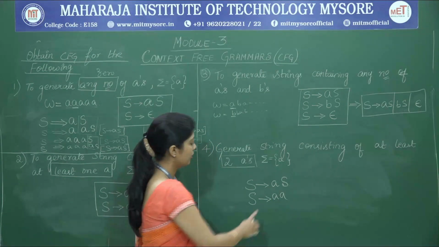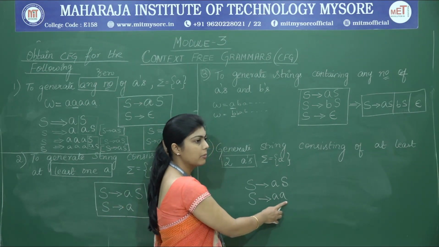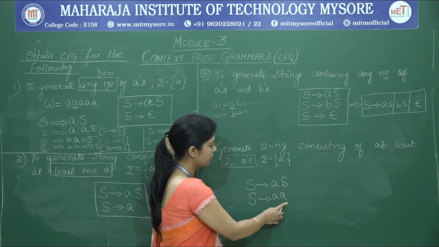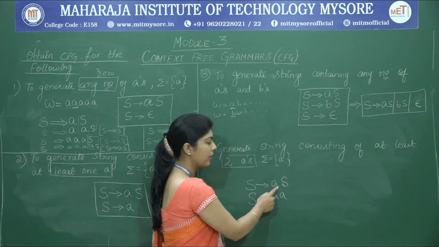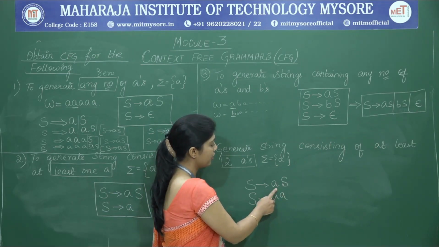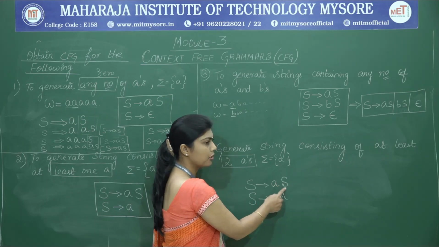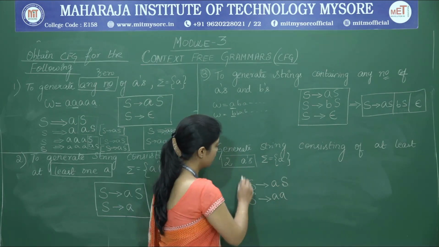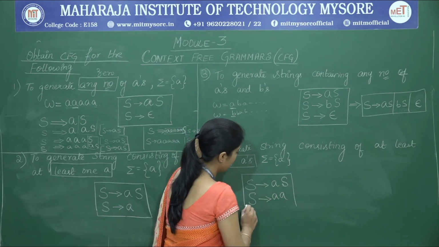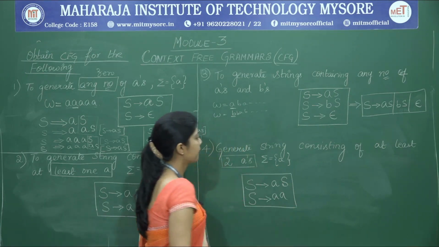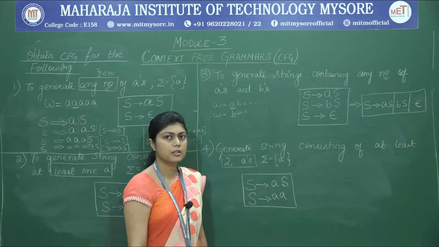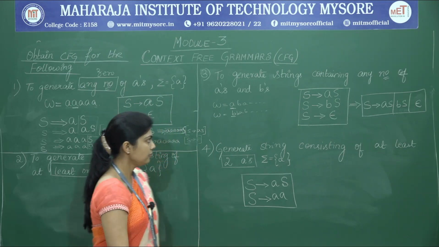So this rule is going to generate the minimum number of A's, that is 2 A's. And this rule, when you apply it recursively, is going to generate third, fourth, fifth and so on. So this is the set of rules that we generate for a string that consists of at least 2 A's.